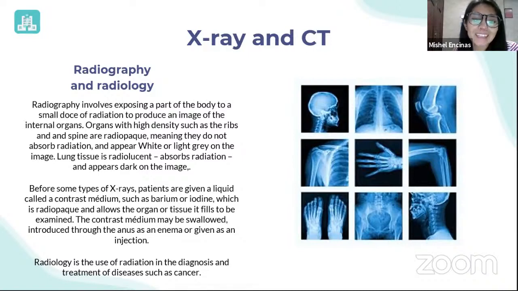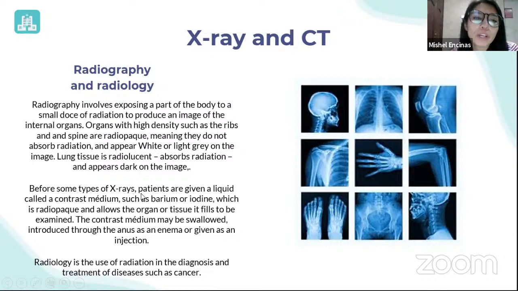Organs with high density, such as the ribs and spine, are radiopaque, meaning they do not absorb radiation and appear white or light gray on the image. Lung tissue is radiolucent, absorbs radiation, and appears dark on the image.